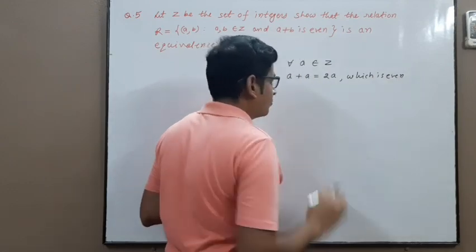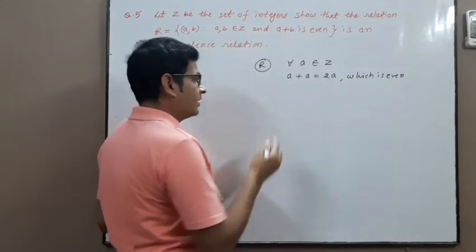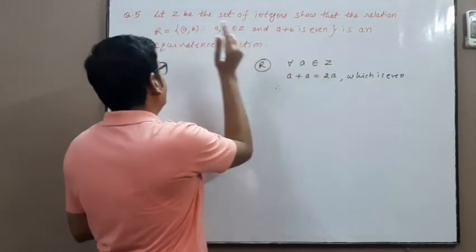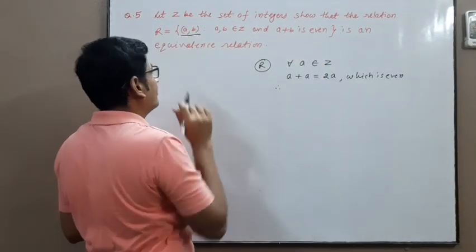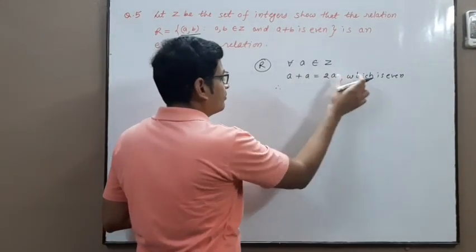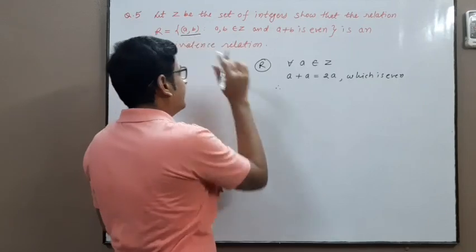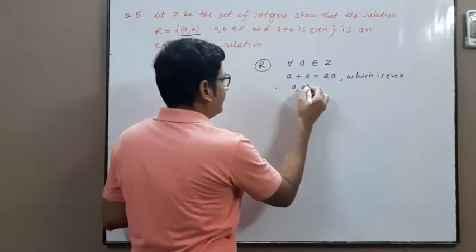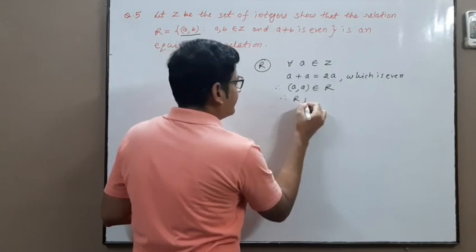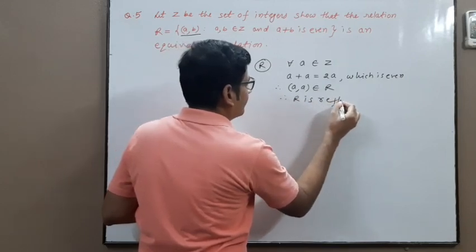Any number times 2 always gives an even number. Therefore, if a plus b is even, then (a, b) belongs to the relation. So a plus a is even, which means (a, a) belongs to relation R. Therefore R is reflexive.